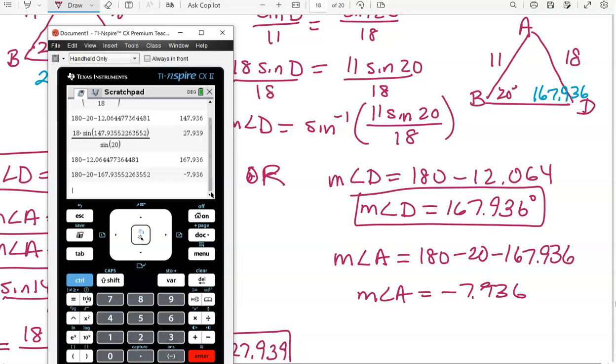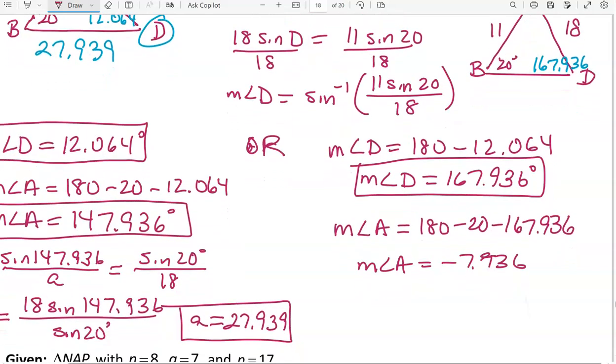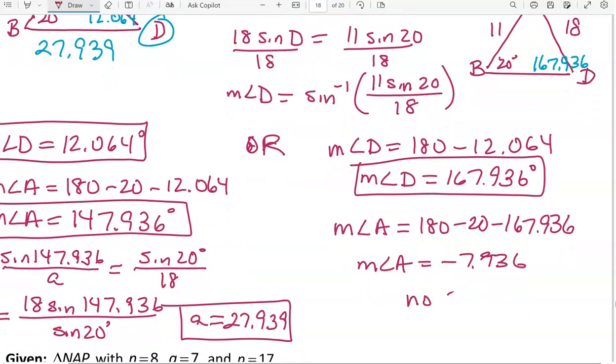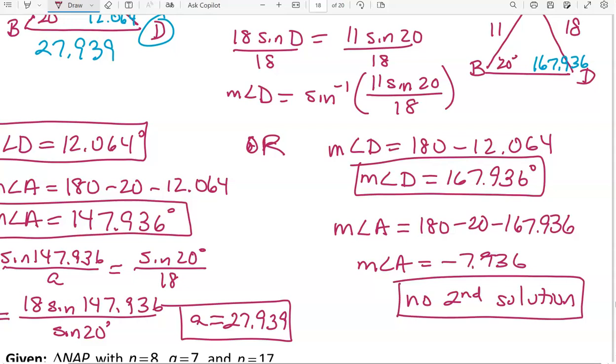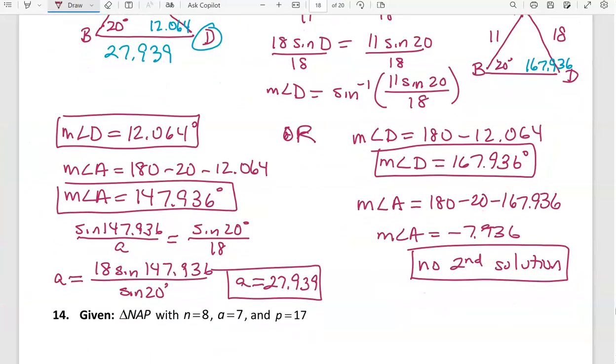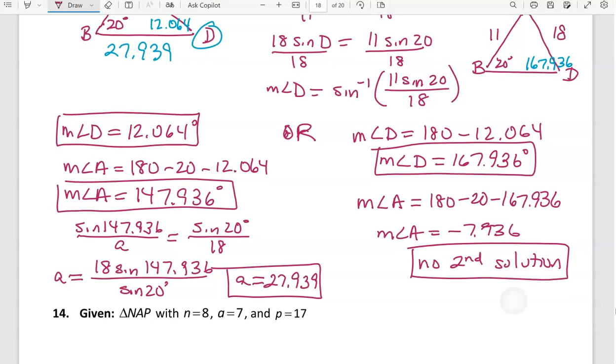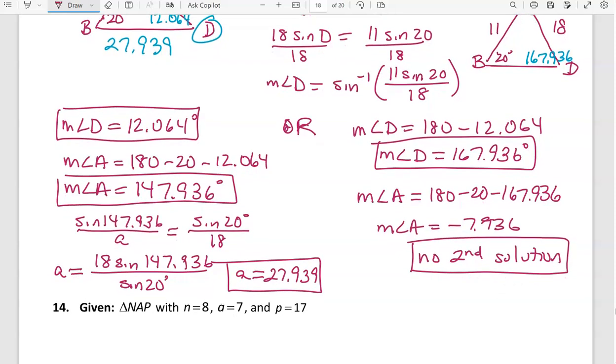And that's a negative result, so that can't possibly be. So what I'm going to indicate here is there must be no second solution. So we arrived at a contradiction. That second solution can't actually work. So this triangle only has one solution, but we need to see the analysis that leads to the conclusion that there is no second solution.